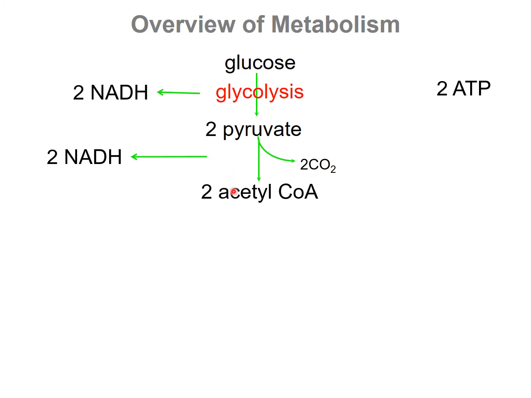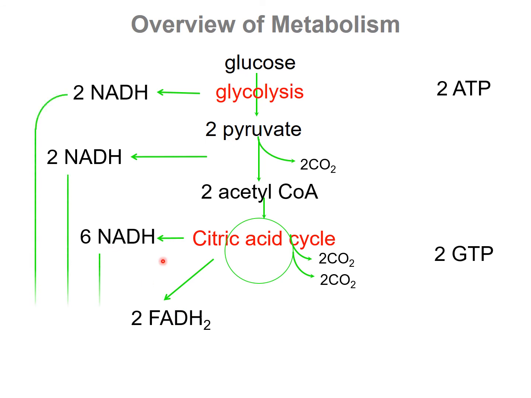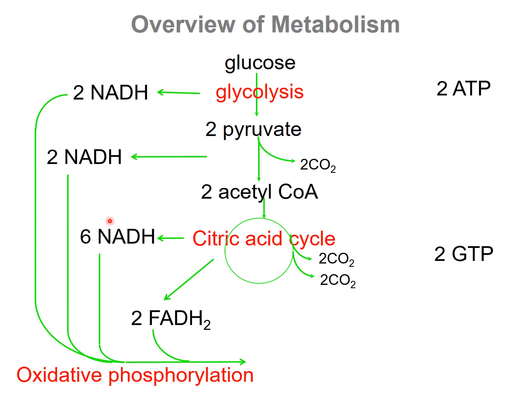Then the acetyl coenzyme A will bind with a 4-carbon compound from the Krebs cycle, which is the oxaloacetate. And in this reaction, you have the production of 4 CO2, 2 GTP, 2 FADH2, and 6 NADH. Finally, all these high energy electron carriers are being oxidized in the electron transport chain, which is the oxidative phosphorylation.